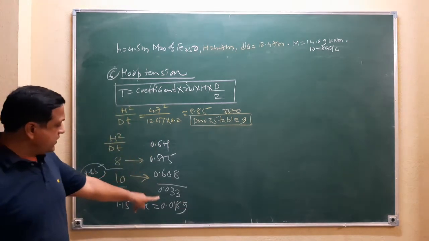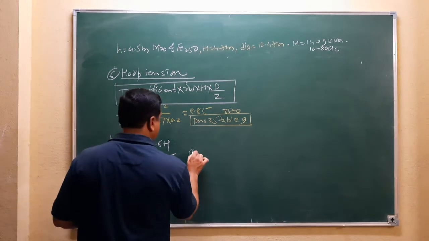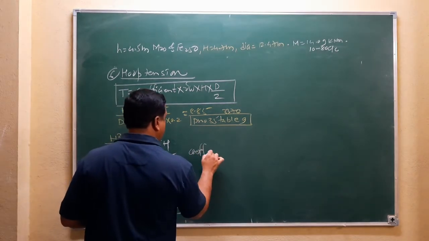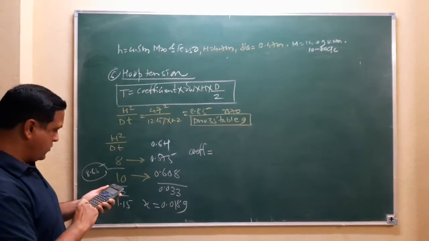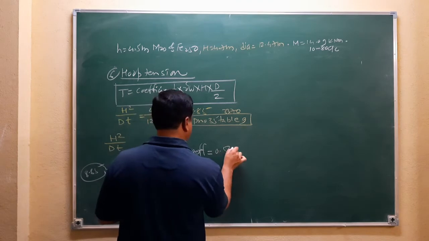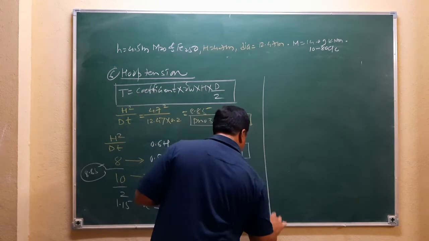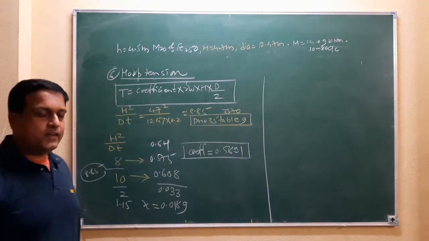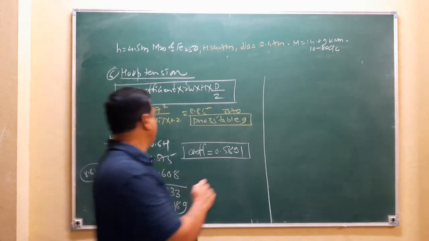Now you have to deduct this x from this value. So what is your coefficient? 0.608 minus 0.0189 is 0.5891. Now your coefficient of hoop tension is 0.5891. This coefficient you have to put in this formula and find out the hoop tension.